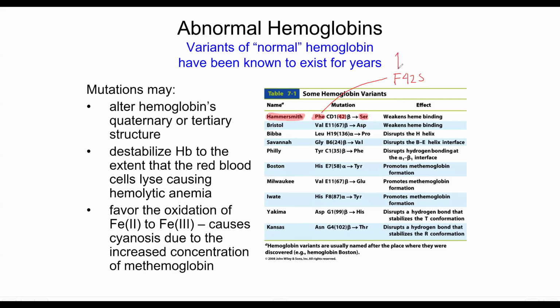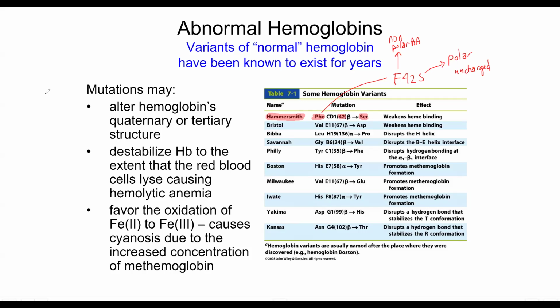Now, if we were to classify phenylalanine, we classify that as a non-polar amino acid. Serine, by contrast, we classify as a polar uncharged residue.